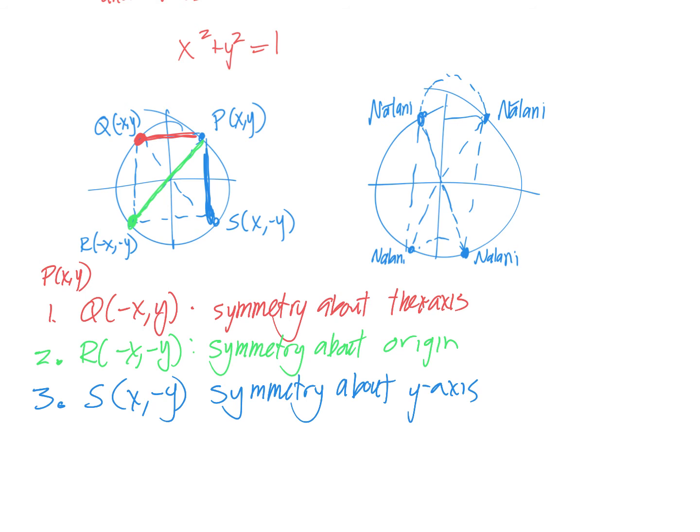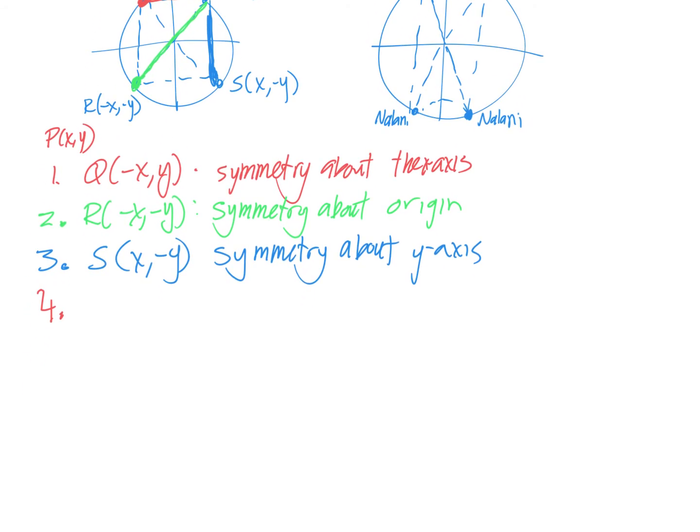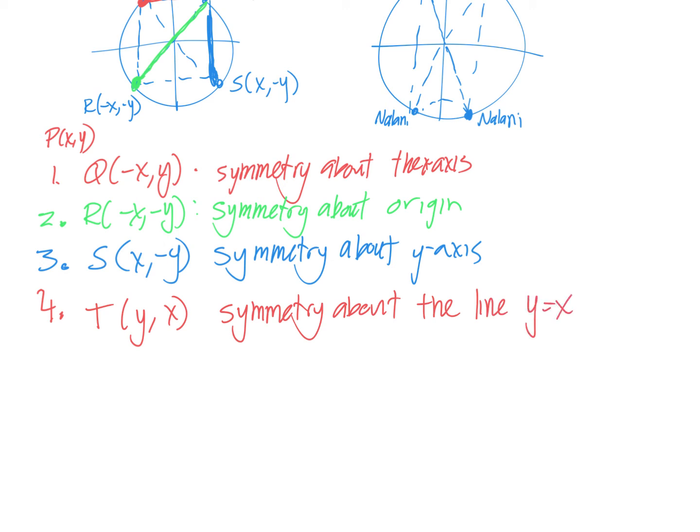And there's a fourth type of symmetry that we have, and this fourth symmetry would be T of y, x. And this is symmetry about the line y equals x.